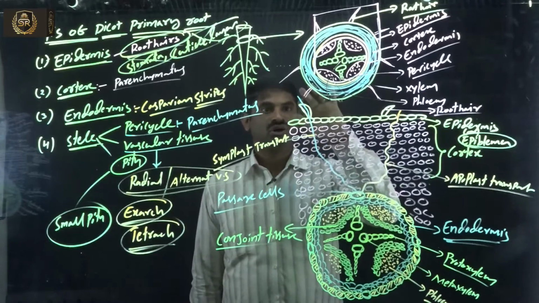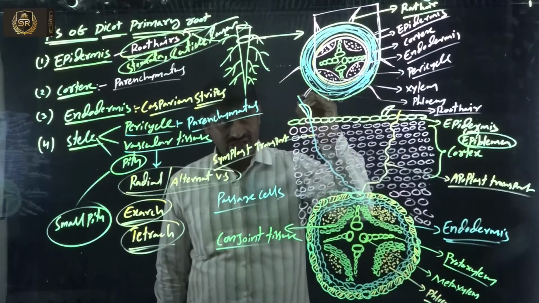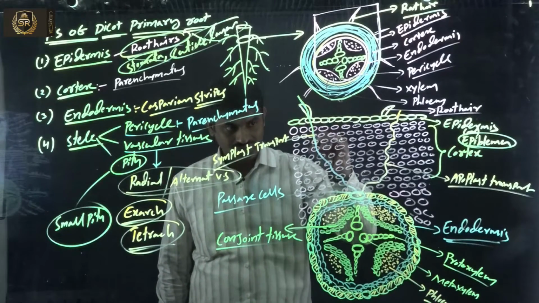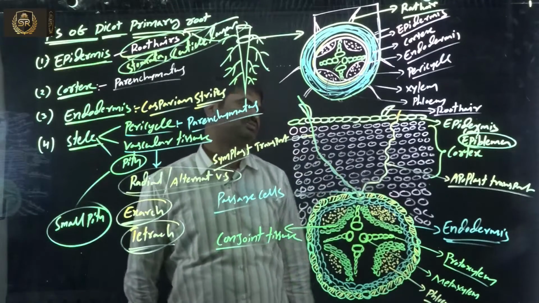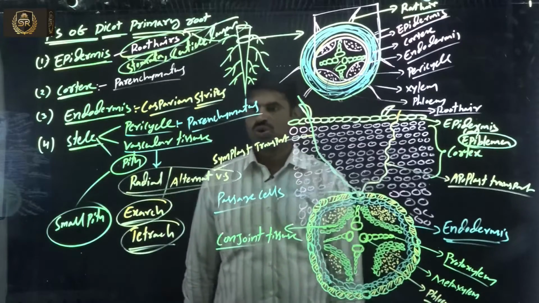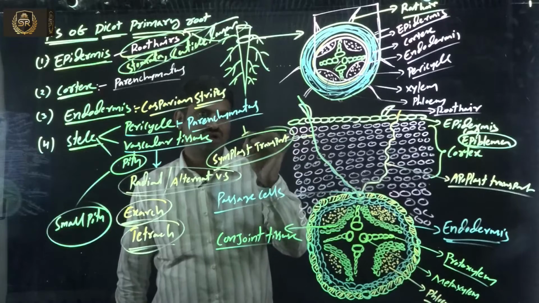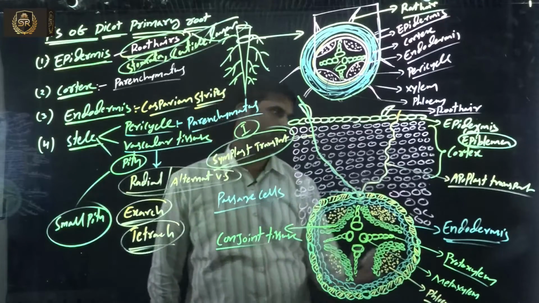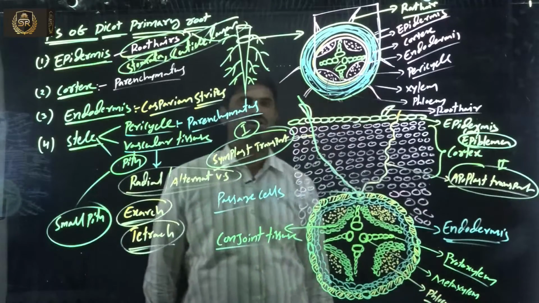The cortex's main function: root hairs absorb water molecules and the cortex supplies them to the endodermis. Two types of water transport are present.